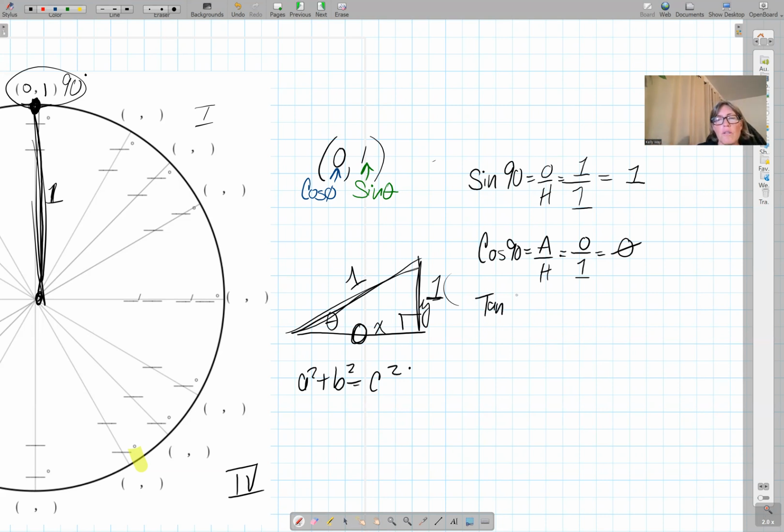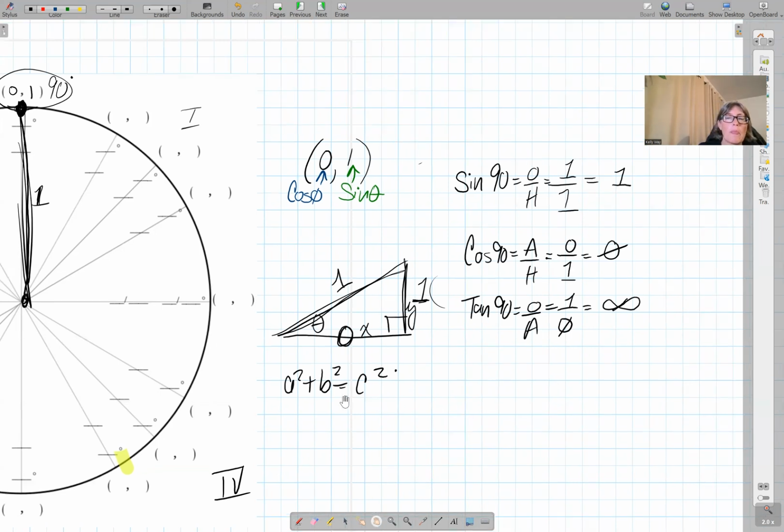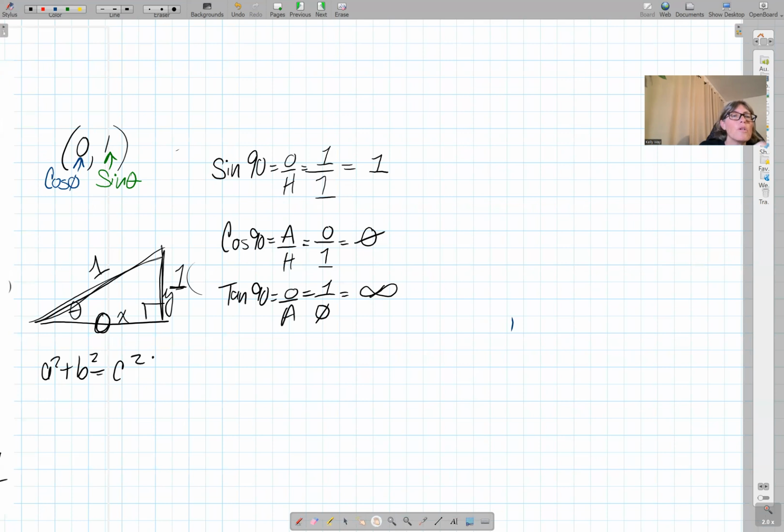Tangent of 90 equals opposite over adjacent. Opposite is 1. Adjacent is 0. That's a 0 in the denominator, which means we have infinity. If you were to continue and do cosecant of 90, you simply flip it, 1 over 1, and the cosecant of 90 is still 1.